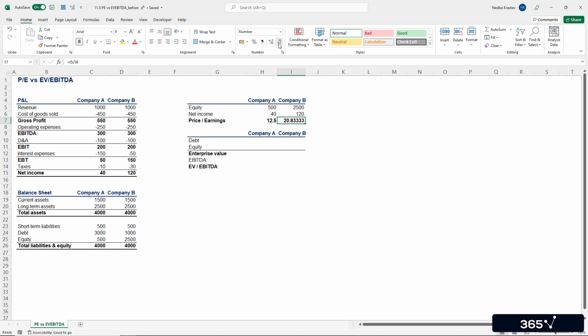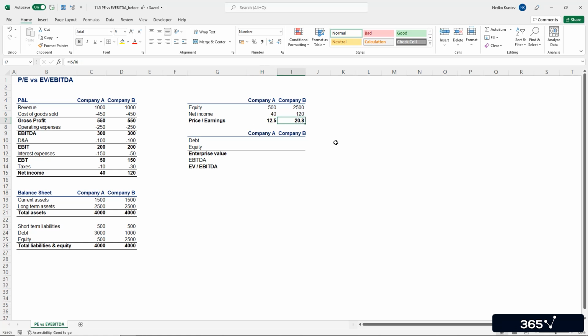We obtain that Company A's PE multiple is 12.5, while Company B has a PE multiple of 20.8. It looks like Company A is cheaper in terms of price to earnings. To buy the firm's shares, we have to pay only 12.5 times its annual earnings compared to 20.8 for Company B.